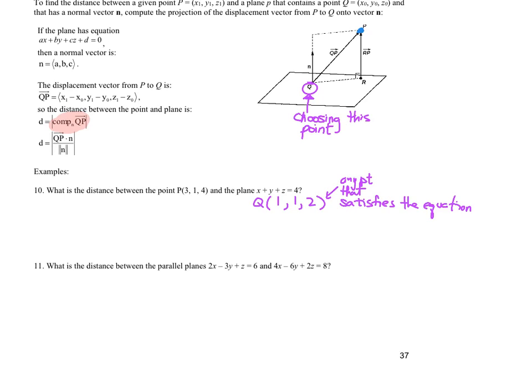Then what we do is we find vector QP, which is going to be 3 minus 1, which is 2; 1 minus 1, which is 0; 4 minus 2 is 2.